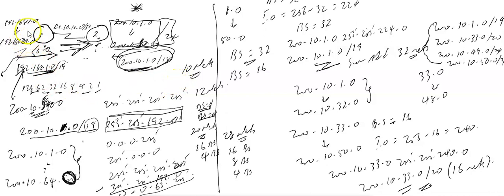Let's still use that same method for this other one here. Those 20 network addresses from router 1.